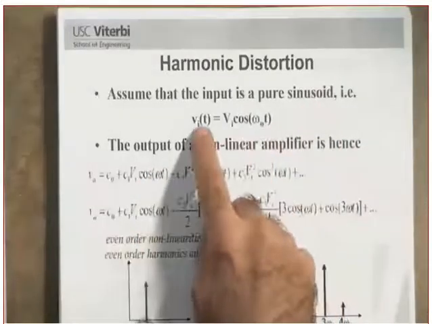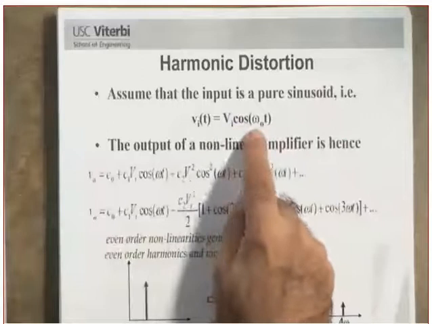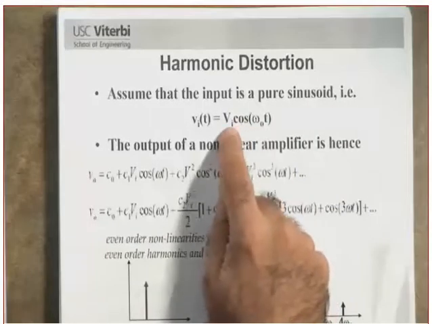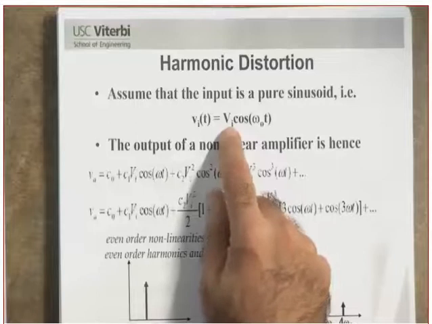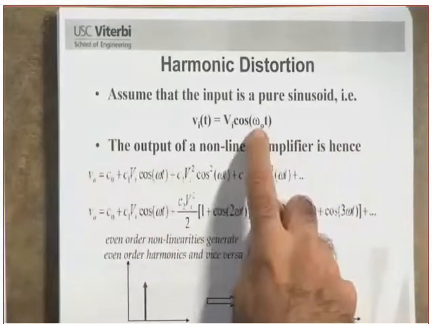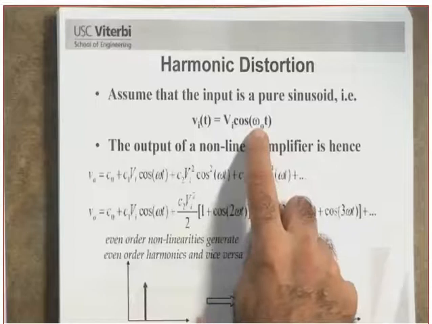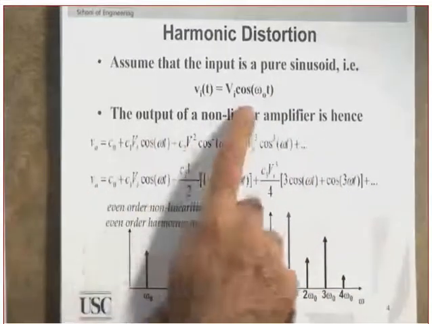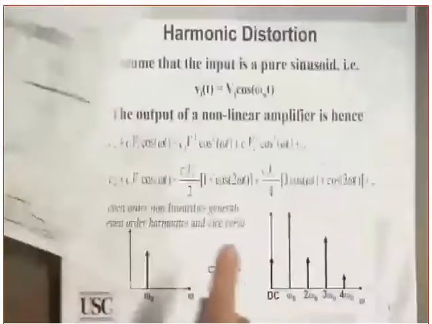So I am applying Vi of t equal to Vi cosine omega naught t. What is Vi? Vi is the peak amplitude. Clear? And omega naught, of course, is 2 pi f naught. Clear? Okay. So it goes through the nonlinear amplifier, which is this. What am I getting at the output?